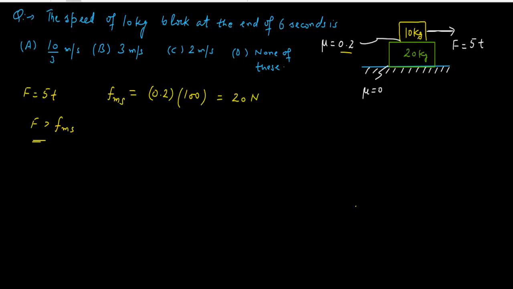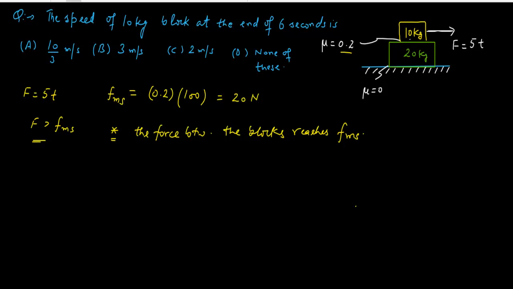As long as the force between these two blocks of 10 kg and 20 kg remains less than or equal to the force of maximum static friction, these two blocks will keep on moving together. So the main thing you have to consider is whether the force between the blocks reaches FMS or not.